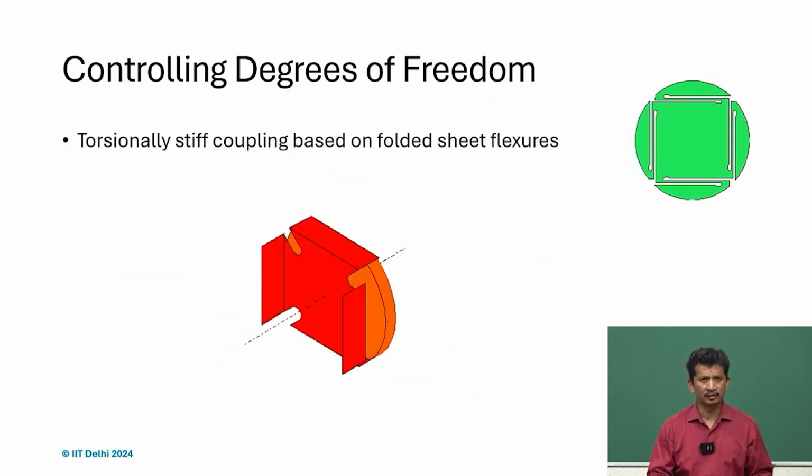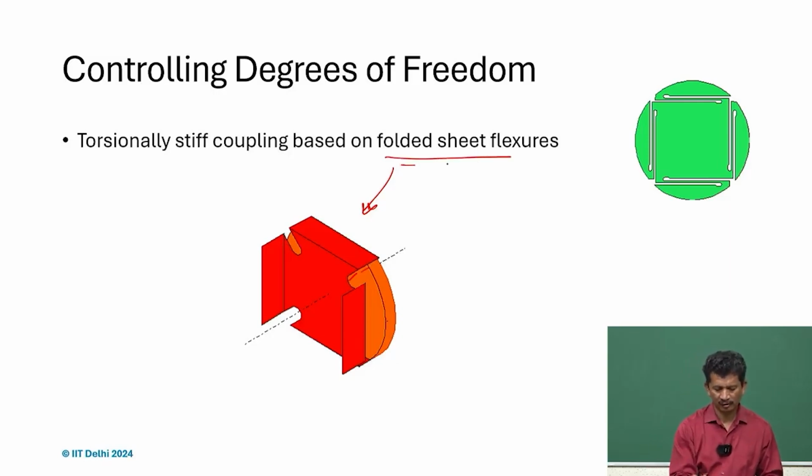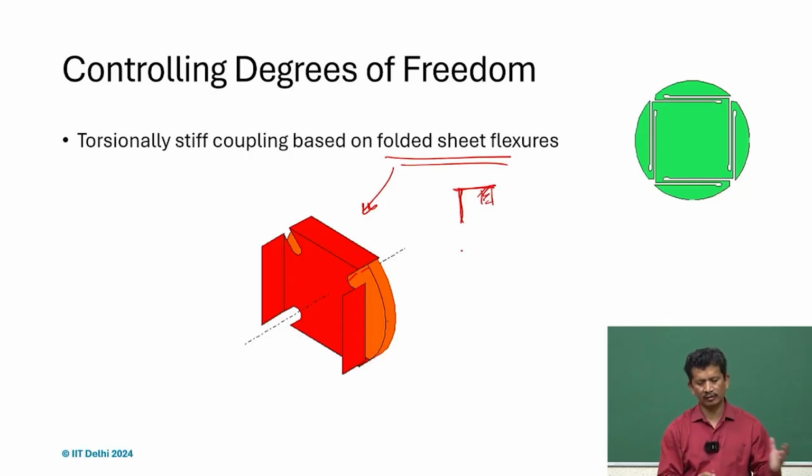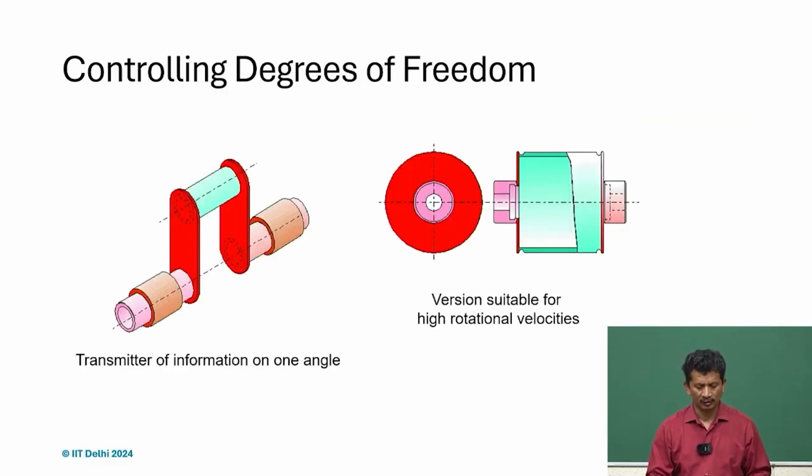So this is just a CAD model, and this is what you see. For better illustration, this is what I was talking about, the overhang, so that we get the real sheet flexures. And on the other side you have the other piece. So if we keep extending the concept, we can have many solutions.